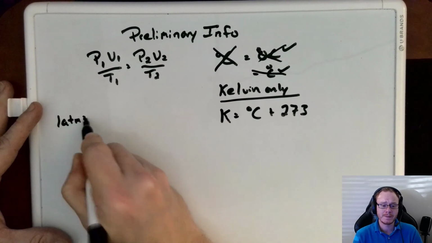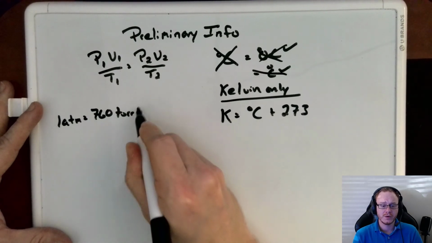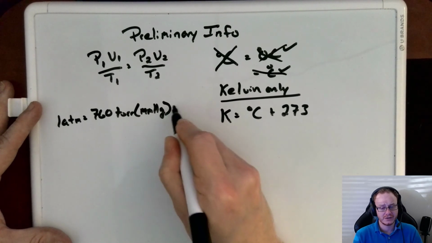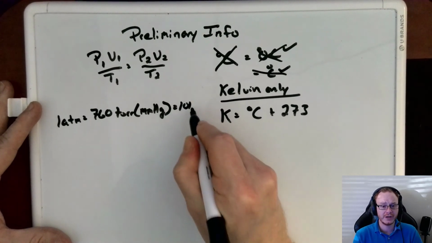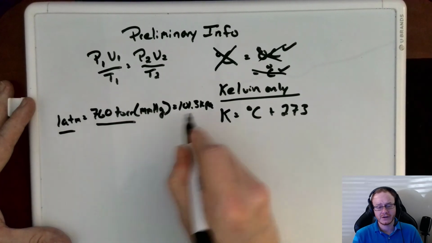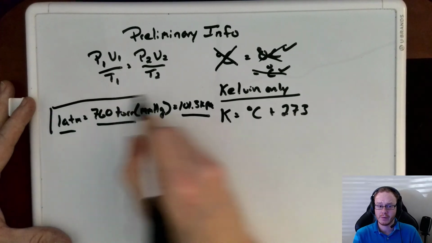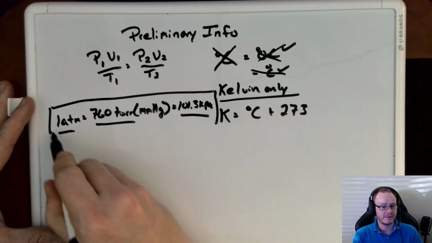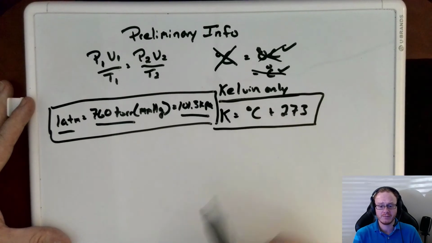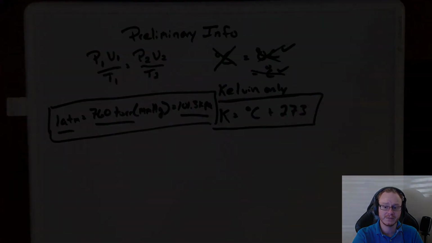For example, 1 atmosphere equals 760 torr, which is exactly the same thing as 760 millimeters of mercury, which is also equal to 101.3 kilopascals, the official SI unit. These are our conversion factors, and we'll be using these to make sure that our pressure units match whenever we work with a problem. So the information we must have are the pressure conversions and the Kelvin conversion factor before we can begin and practice the remainder of our combined gas law problems.